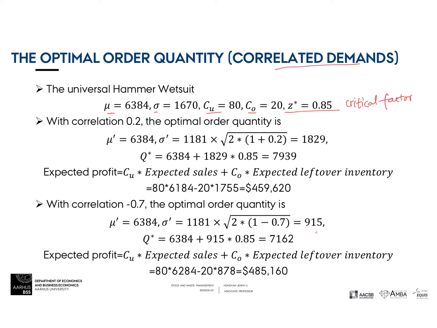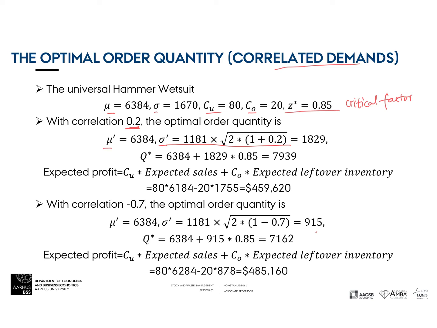So with a correlation of 0.2, this is a positive correlation, and your optimal order quantity will be determined by your mean and standard deviation. When you calculate the standard deviation, we actually need to recalculate it to incorporate the correlation.